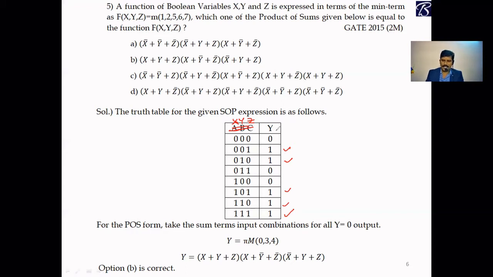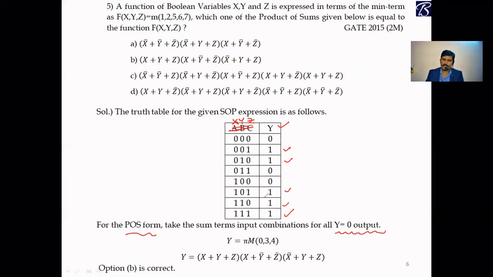Now to convert the same expression Y, we can write in POS by considering zeros. The remaining 3 are zeros. Now just write the max terms for these zeros so that we can get the POS form. That's all. Very simple. For the POS form, take the sum terms in combinations for all Y equal to 0 output.